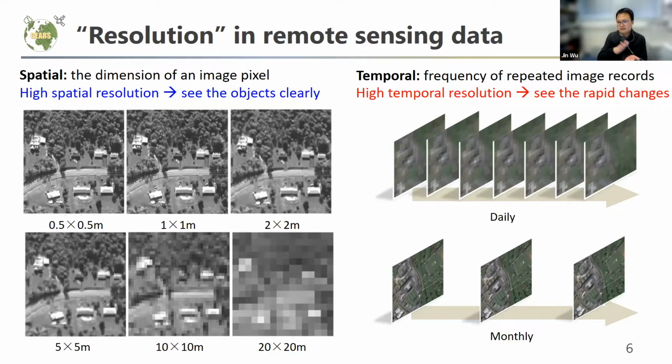For some crop systems, there are certain typical phenotypes, like when the crop starts to emerge with new leaves, when they reach peak growth, and the timing of flowering. All these critical phenotypes sometimes happen only over really short time intervals. So high temporal resolution is really important to monitor such change.